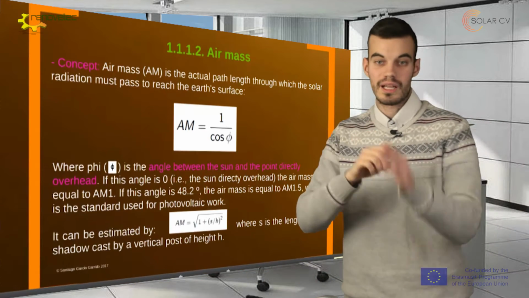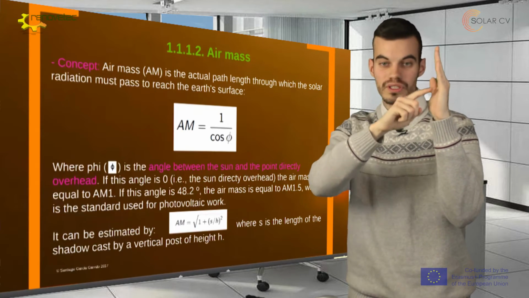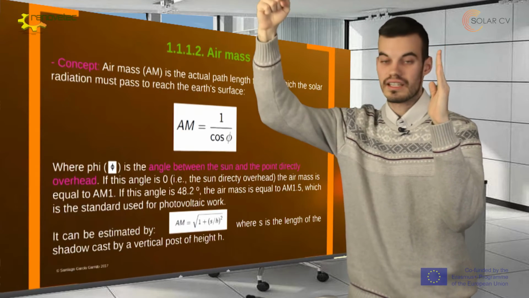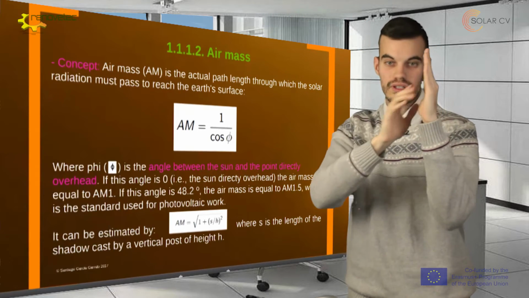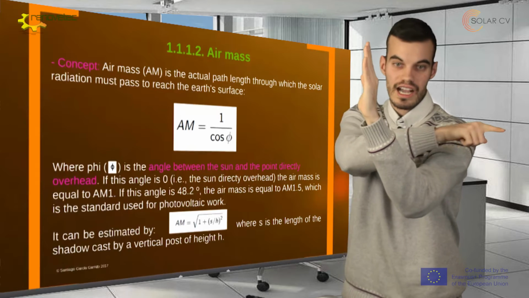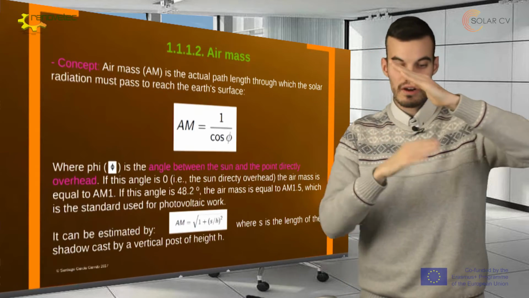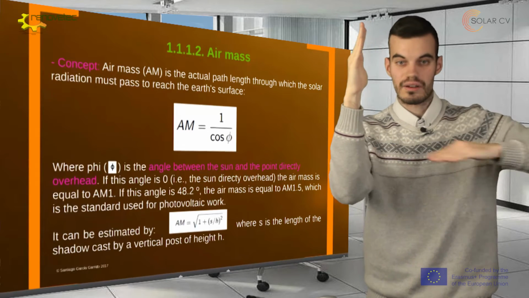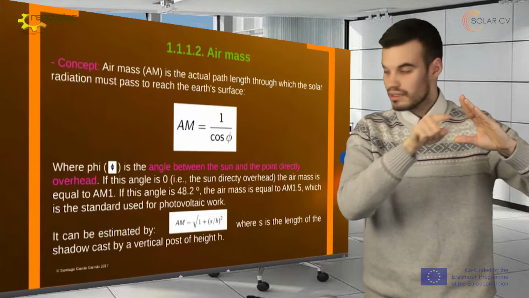We have a vertical post, for example, and here is the sun. This post has a vertical height h, and the sun is heating this post, so it's going to project a shadow of length s. Now we are going to have a triangle, and here an angle.